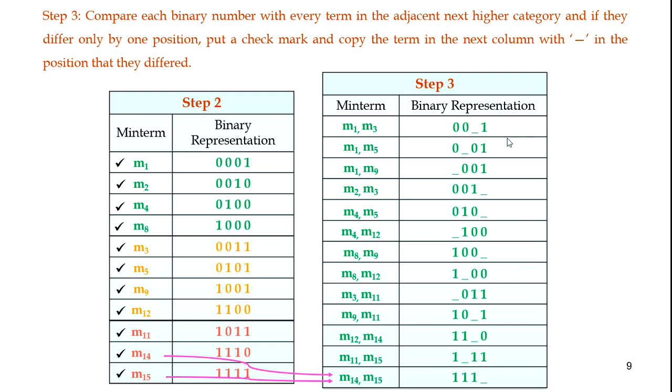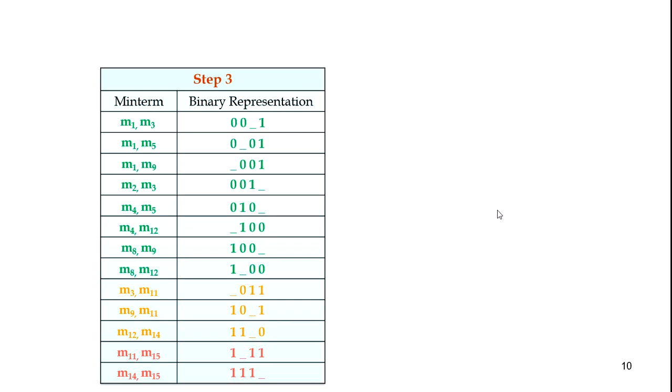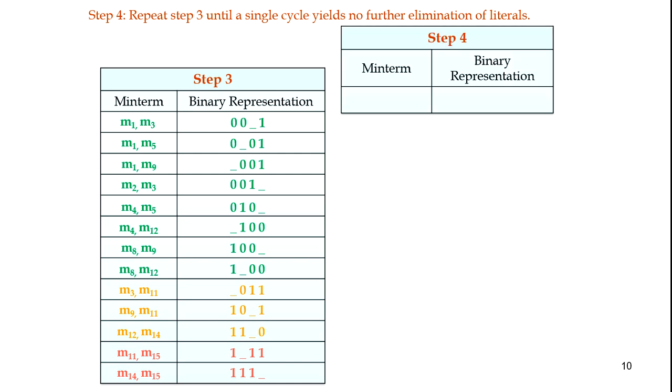Its equivalent binary representation has been mapped. So for the next step, step 4, we have the binary representation, and we have to go for the next cycle till no single cycle yields no further elimination of literals.